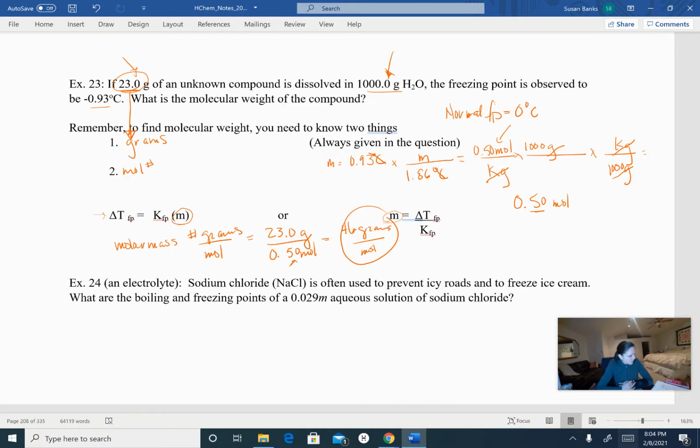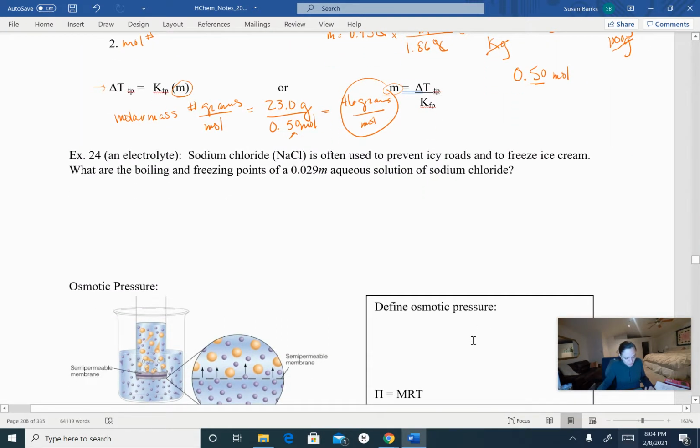All right. So, number 24. An electrolyte, sodium chloride, is often used to prevent icy roads and to freeze ice cream. What are the boiling point and the freezing point of a 0.029 molar aqueous solution of sodium chloride?